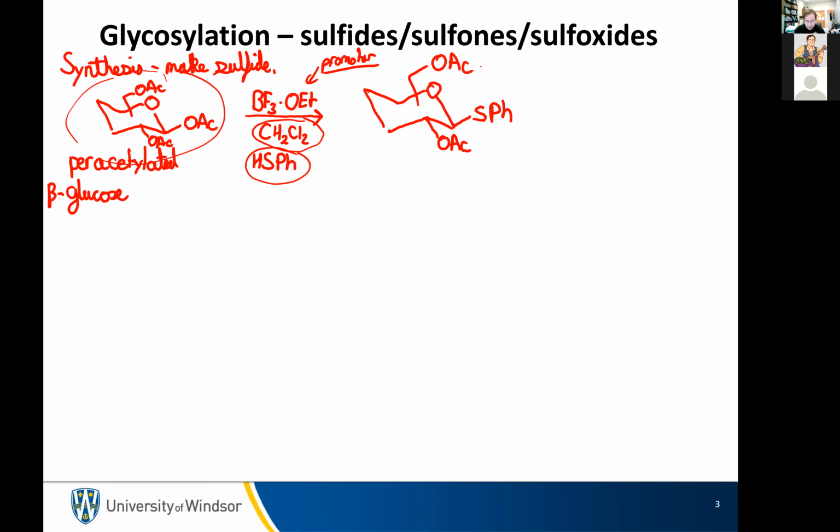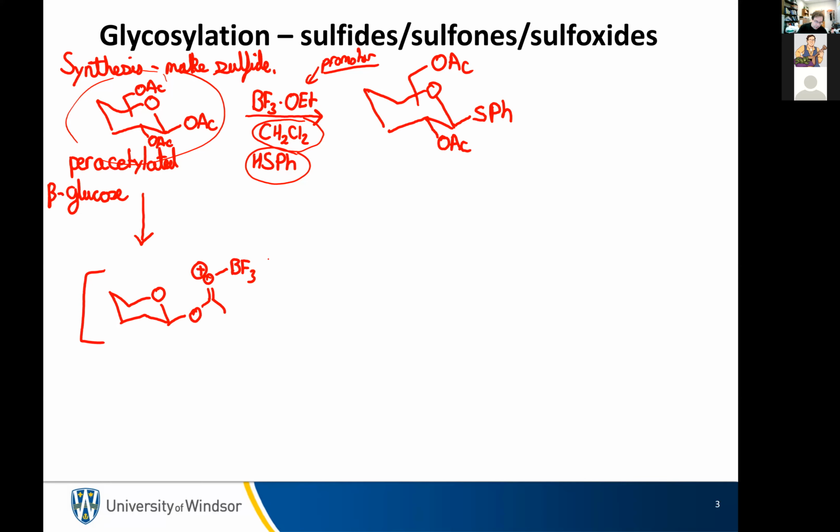Okay, so if we break that down and ask what's the mechanism of this? I'm an organic chemist. I love mechanisms. So we're going to get an activation. Let's draw this baby out. With BF3.